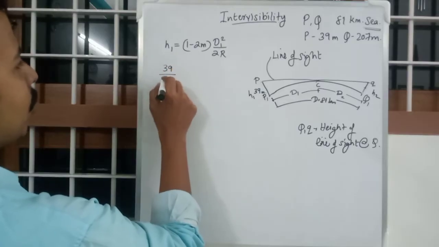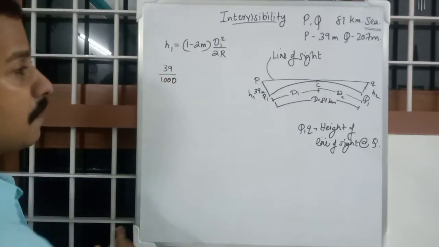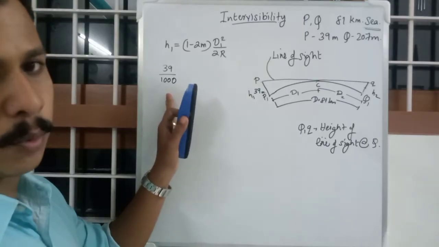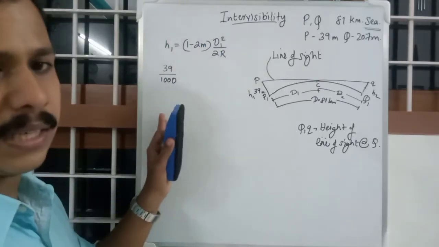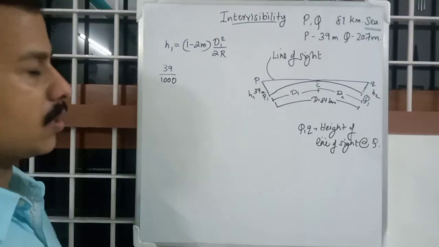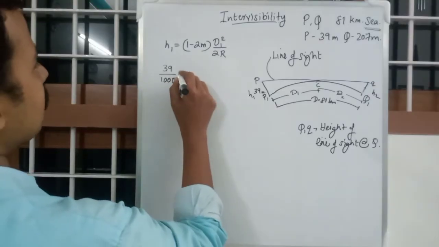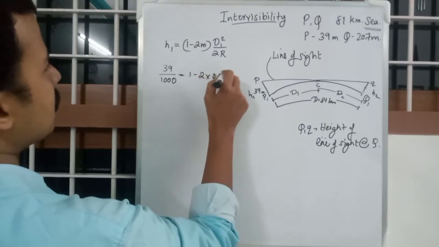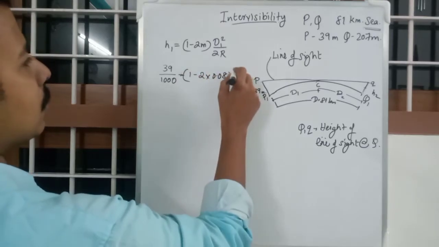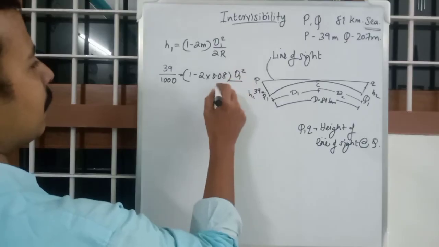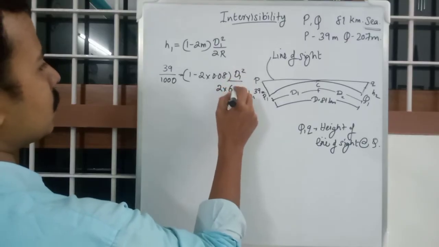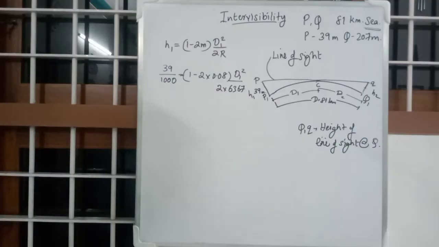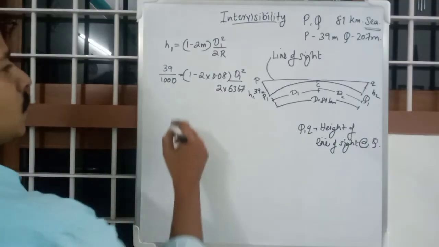We will convert it into kilometers. If it was the simplified equation, we didn't need to convert it into kilometers, but in this elaborated one, we need to convert it into kilometers. 39 by 100,000 is equal to (1 minus 2 into 0.08) d1 squared divided by 2 into 6367 kilometers.